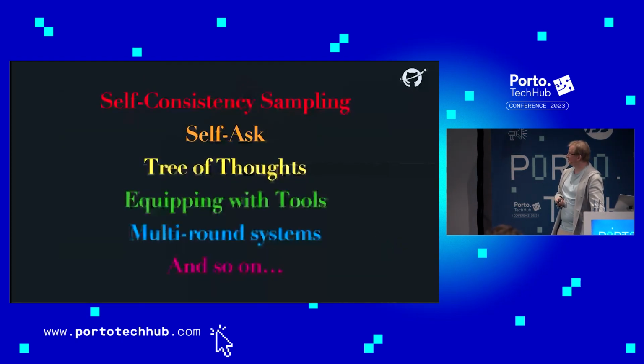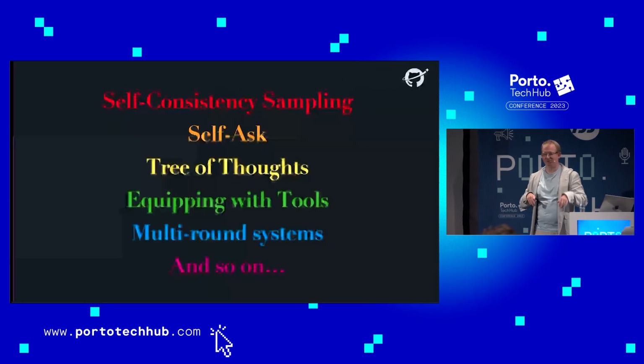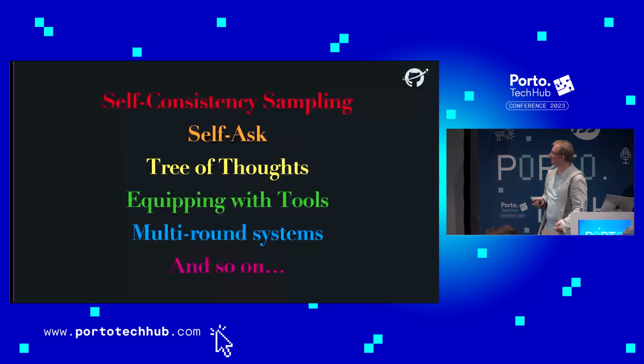And there is also a whole bunch of other buzzwords. Again, things that sound terribly scary, like self-consistency sampling, which is a really scary way of saying that we should ask the model multiple times what the result is and then vote, like use a majority vote, for example, to decide what the right result is.